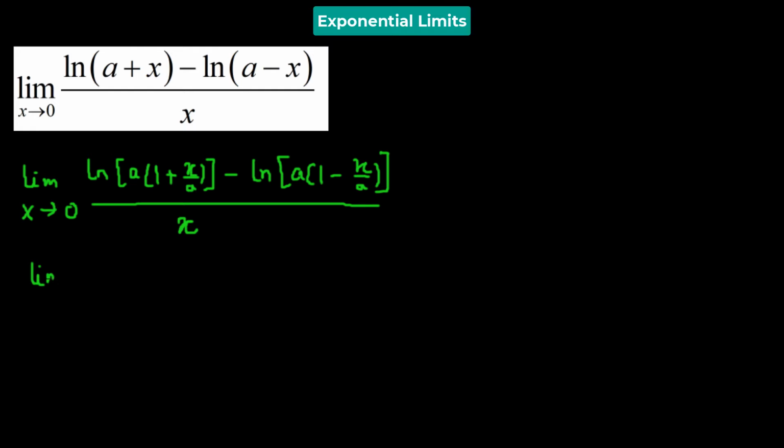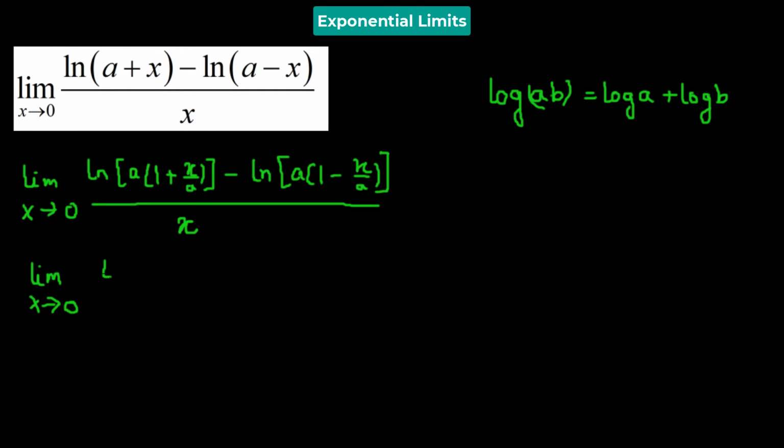So we have the limit as x approaching 0. We'll now apply the property that the log of a times b is equal to log of a plus log of b.